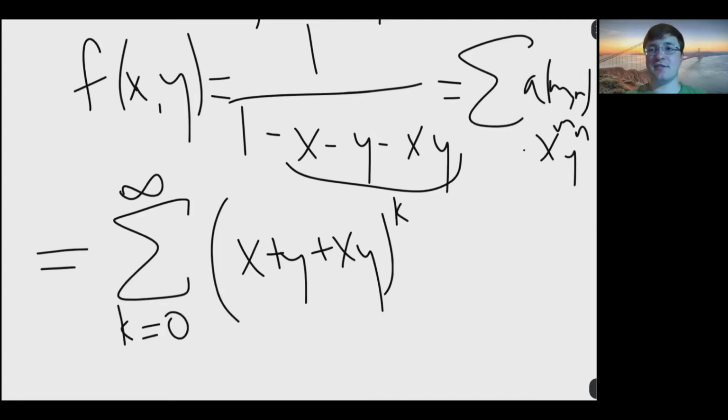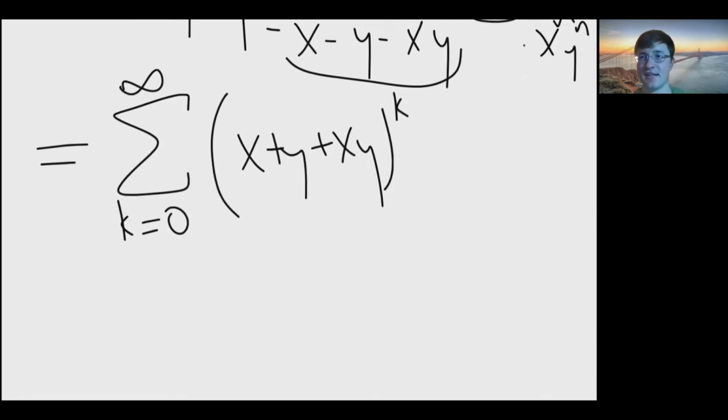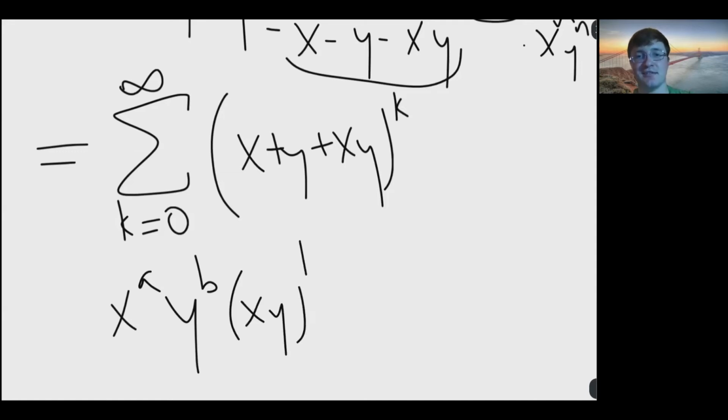Okay, and now I want the coefficient of x to the m, y to the n. So first I should see how I can actually get a term like that from taking the kth power of this thing. I'm going to have some number a of x's, some number of y's, say b, and then I'm going to have xy to the k minus a minus b.